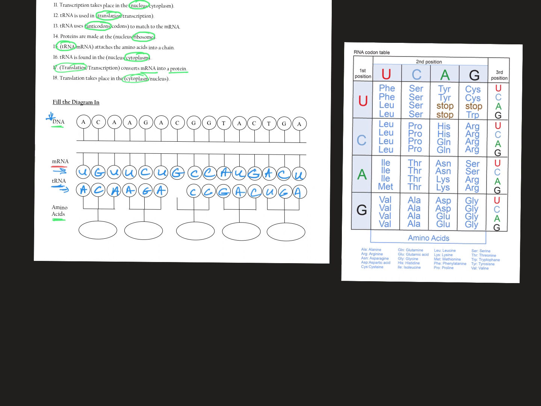We're 98% similar. But what we think makes us really different from chimpanzees is how we change the code after we make the mRNA, so we make different proteins, and those proteins then make us that much different. Does that make sense? So we share the same 98% of the same DNA, but we process it differently. That's one of the big differences.